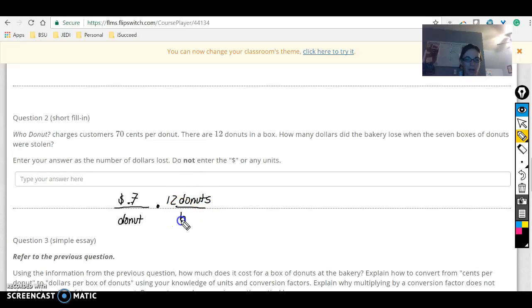per box, and I also know that the thief stole 7 boxes. Okay, so the beauty of setting something up like this is that I can ensure that I'm going to end up with dollars because my donuts are going to cancel out and my boxes are going to cancel out.